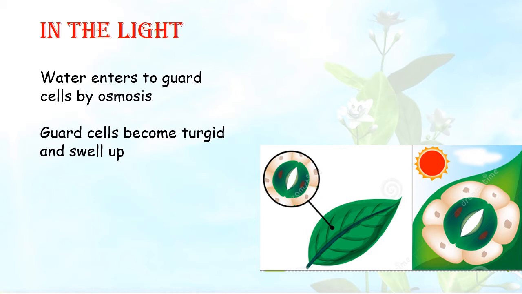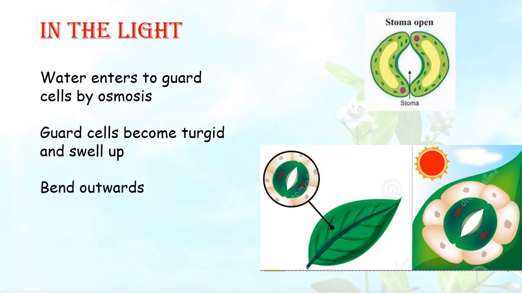When they become turgid, they swell up and bend outwards. You can see the picture. They bend outwards due to the turgid state. So what happens to the stomatal pore? Yes, the stomatal pore opens. So in the light, the stomatal pore opens.